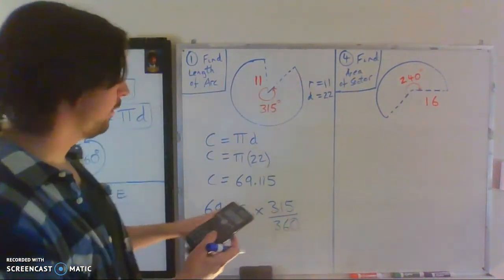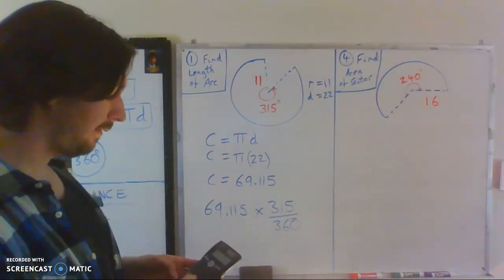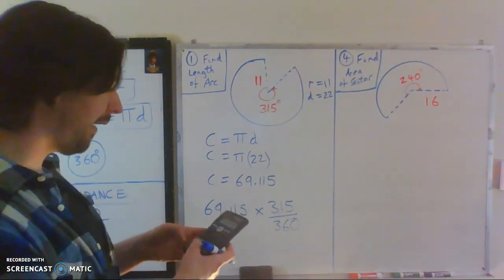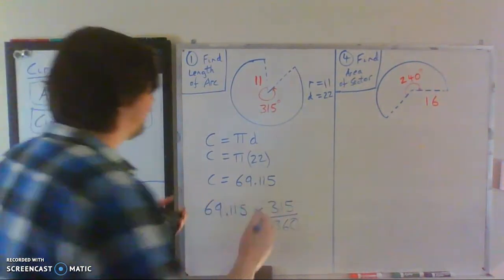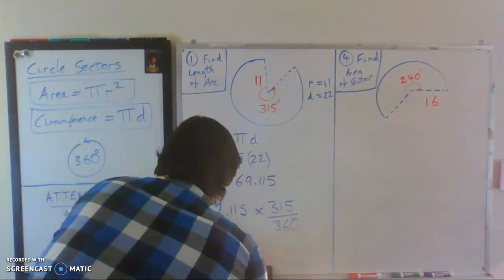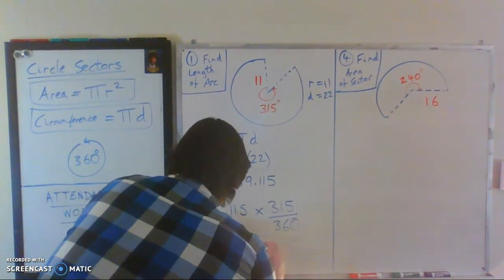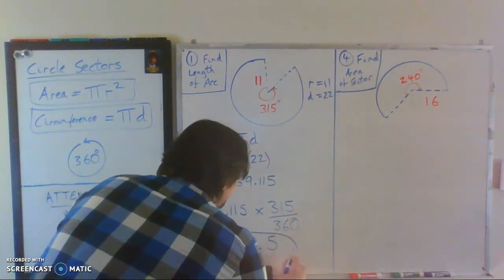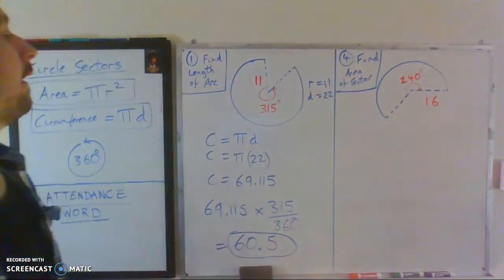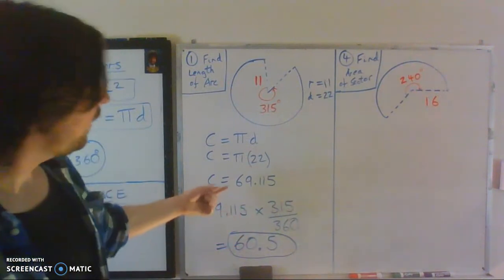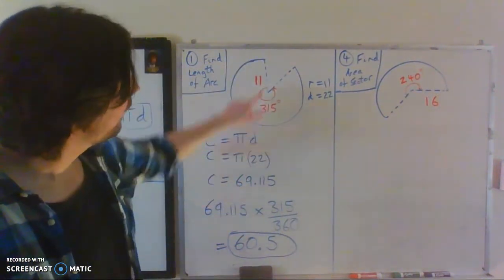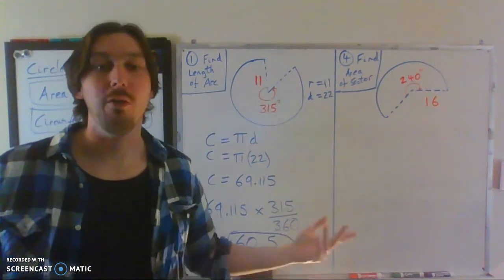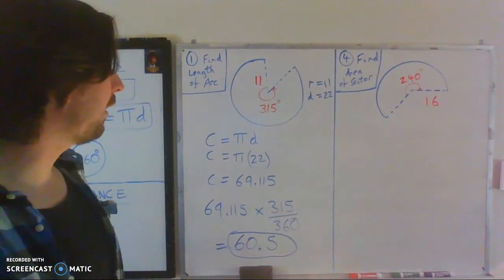So 69.115 times 315 divided by 360 gives me 60.475. I'm going to round it to 60.5 feet. And if you look at it, that makes sense, right? The whole thing's 69. So this much of it, just a little bit missing, being 60, that's the right number. It looks right. So that's how we do it.